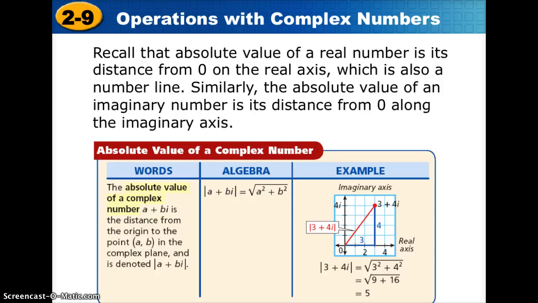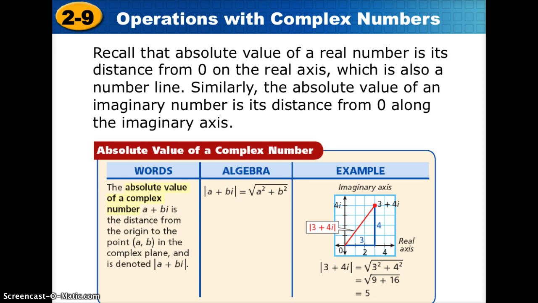And we also know that distance away from 0 is known as absolute value, and we use absolute value bars to designate that. So what we're going to do is use absolute value bars to designate when we want to find the distance between 0, which is the origin when we're talking about a plane, and the complex number that we've just learned how to graph.